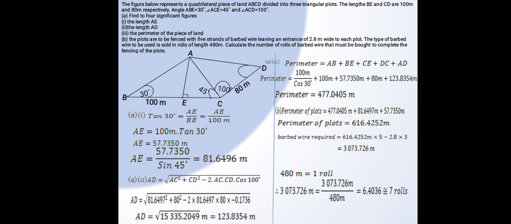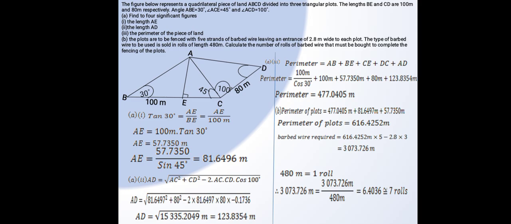Now the perimeter of the land, we just add all those lengths from A to B, B to E, E to C, C to D, and back from D to A. And we get the perimeter is 177 meters.